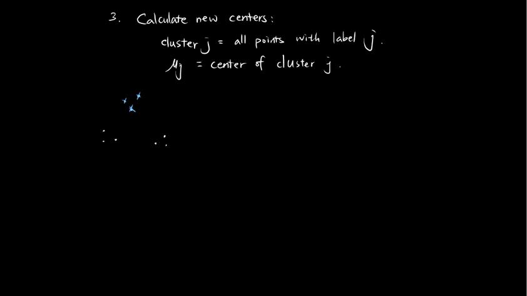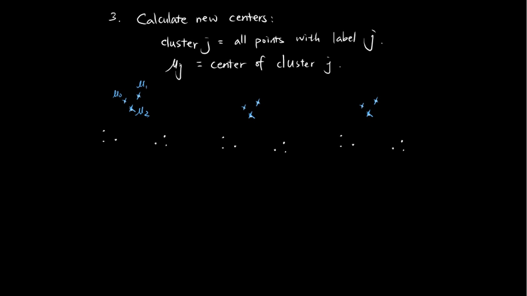And the next step is with the same data set. Now we have three centers. Let's call them mu0, mu1, and mu2.